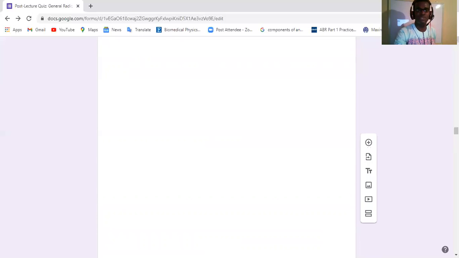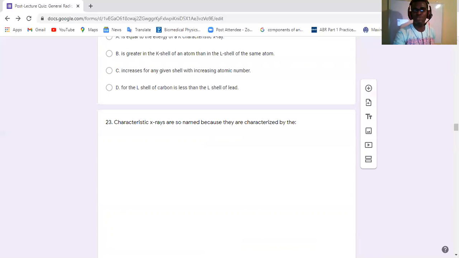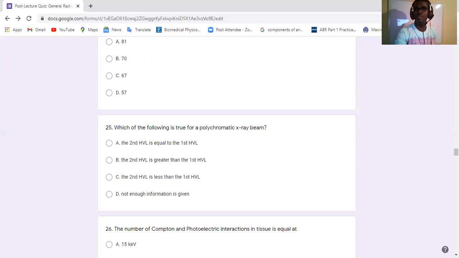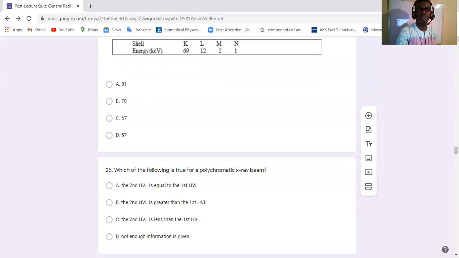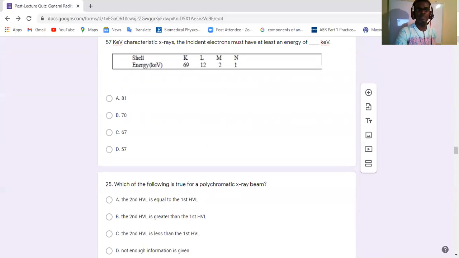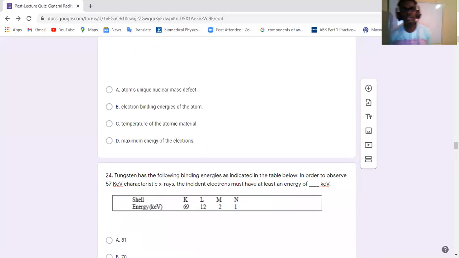Let me get the question. Characteristic X-rays are so known because they are characterized by, let's go to the options, B, the electron binding energy.